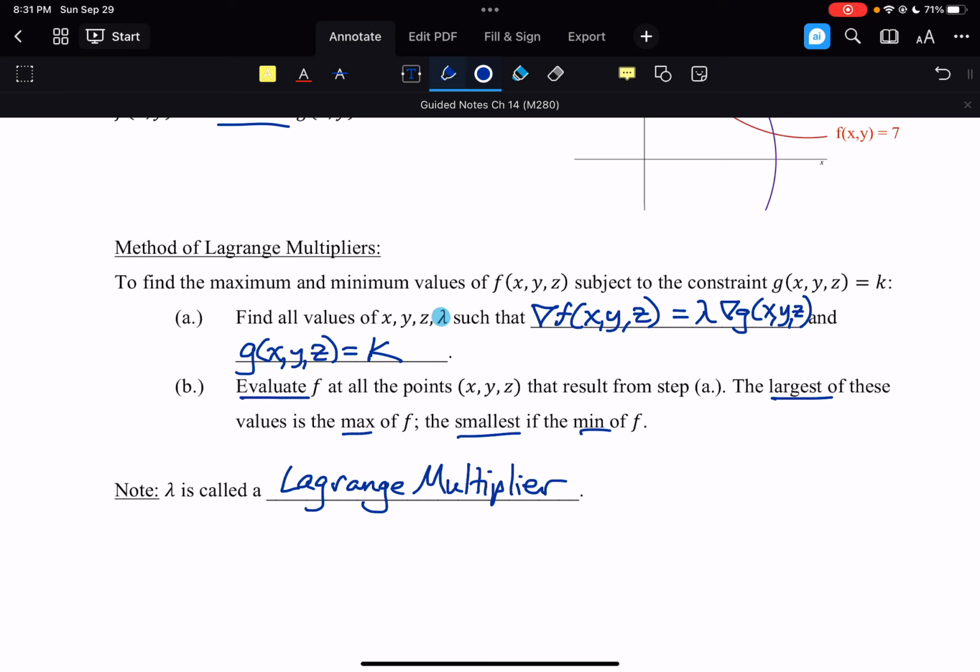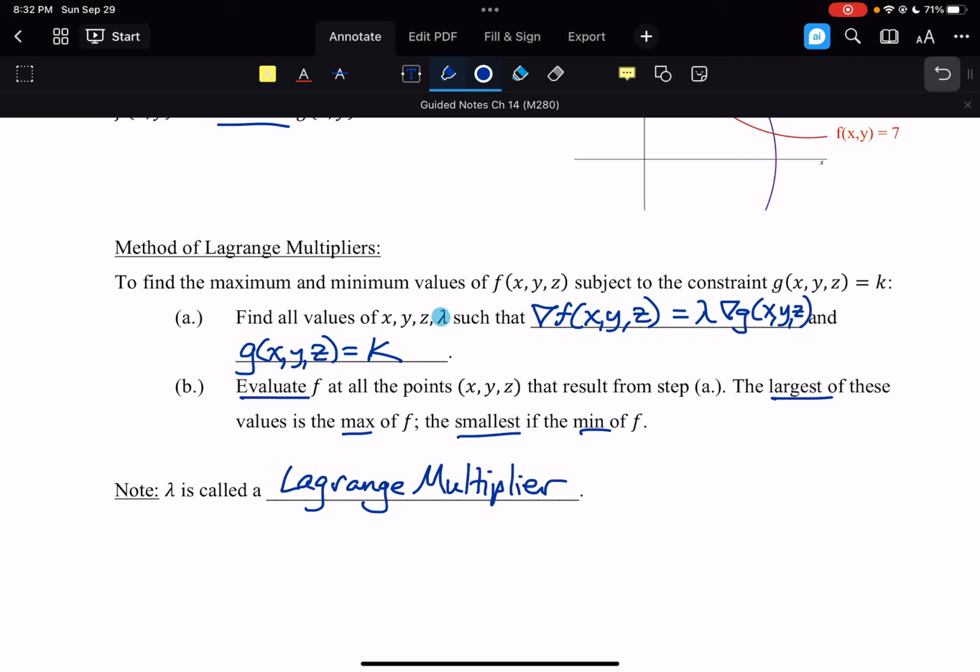Other times, lambda might not be very important at all in the solution. We might not even need it, and we just kind of work past it to get to x, y, and z. Every problem is different. The setup and the procedure for every problem is different. So as long as we have this initial relationship defined, the process can look different from problem to problem.